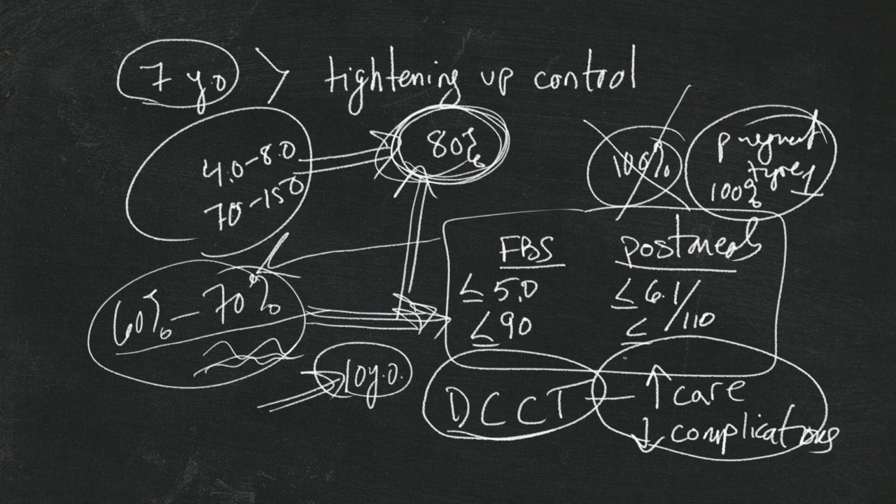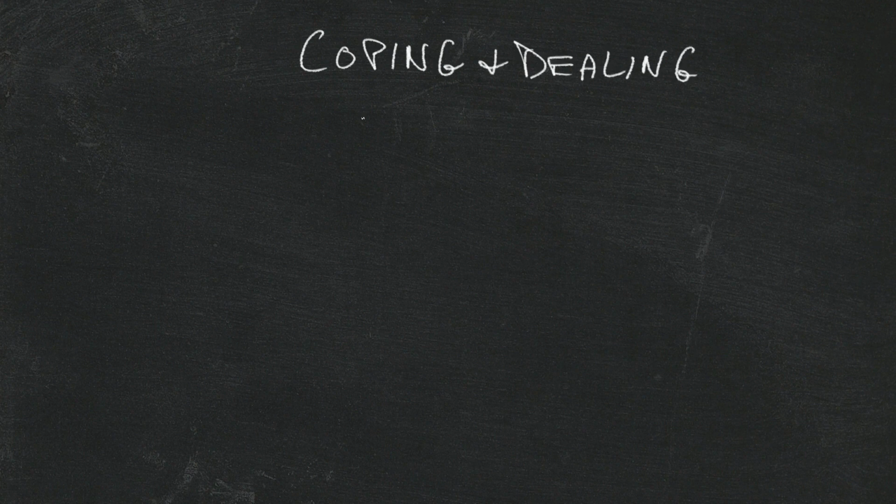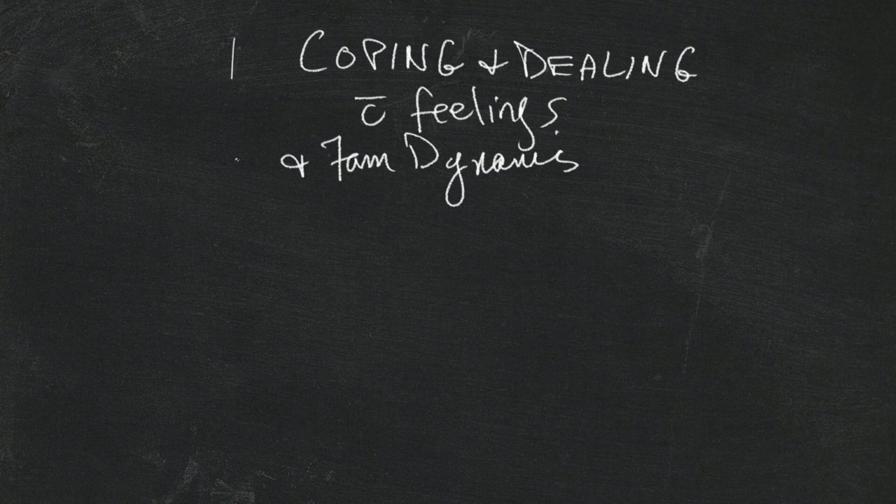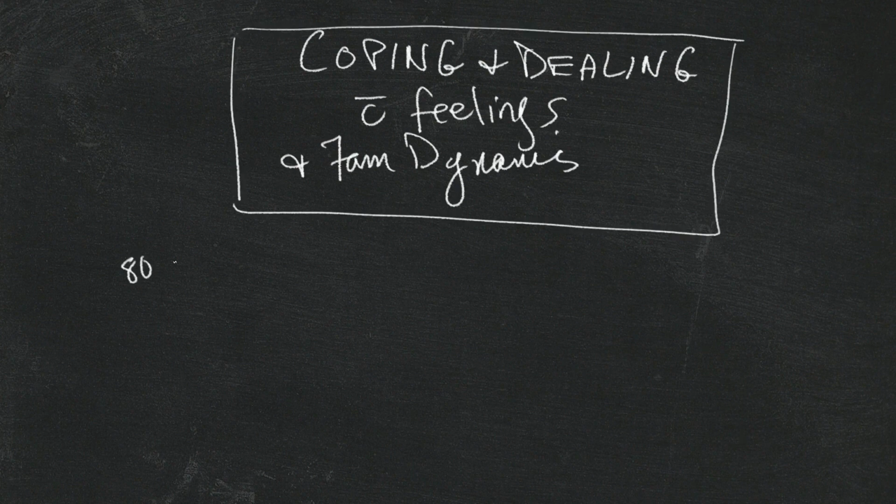It certainly informs my entire life as I manage it and live with it, you know? And it's a constant balancing thing, which gets us to the next topic, and that is coping and dealing with feelings and family dynamics. Remember we said 80% trying for target zone?